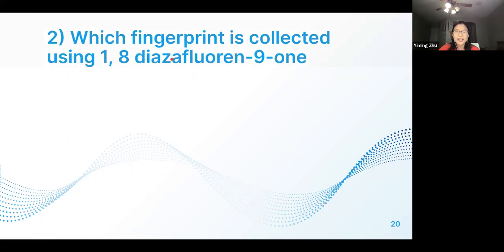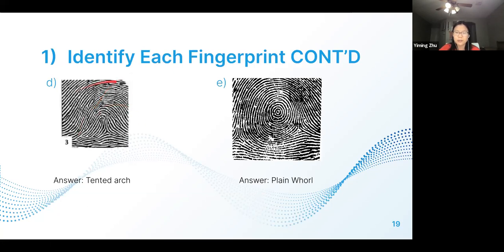But an arch, I explained how this one has these mountain ridges. This is a tented arch, where it has the delta right here. So one of the identifying factors that I like to look for every time is if it goes across the whole thing. An arch goes kind of horizontal, not really, but I like to think of it as it spans across the whole fingerprint, while a loop only goes like that.